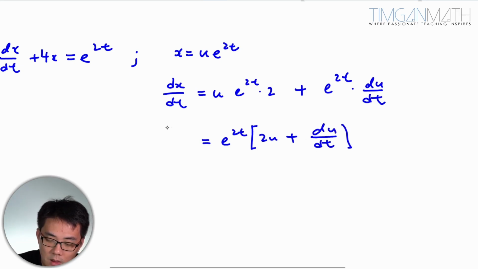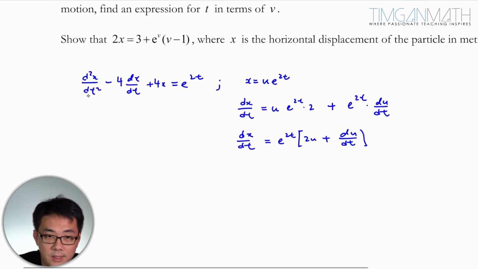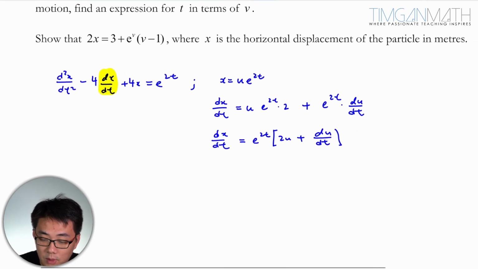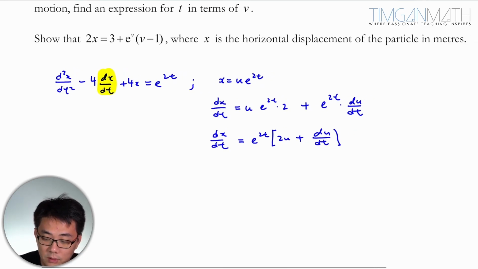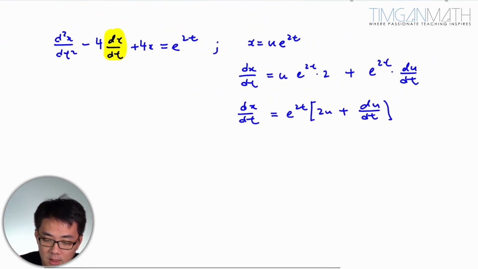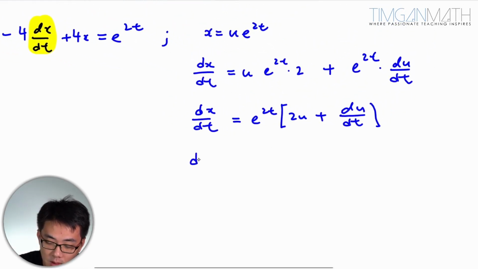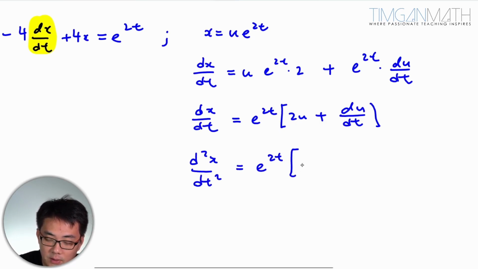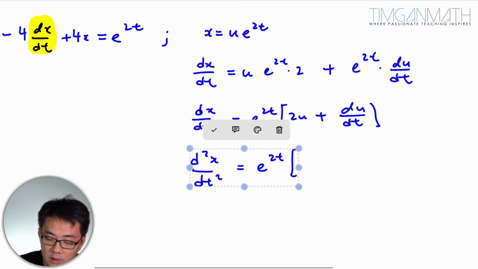Okay, dx/dt here. Now once we are done with this, we need the second derivative. We only have the first derivative when we use this substitution, so what I'll suggest is we differentiate this again. So this is d²x/dt².